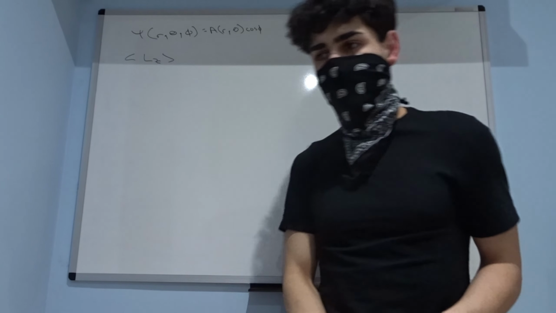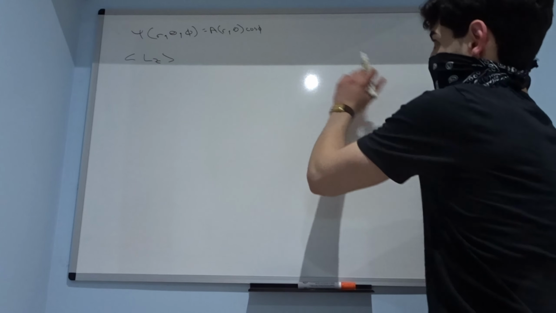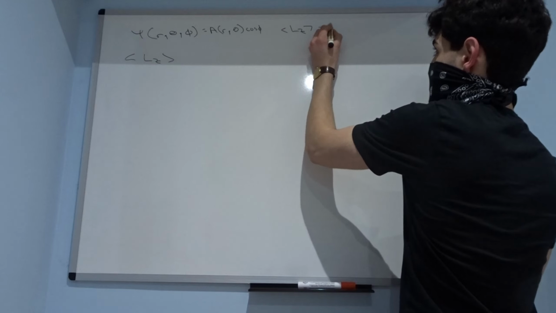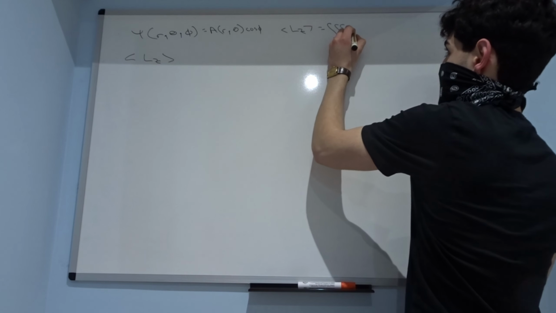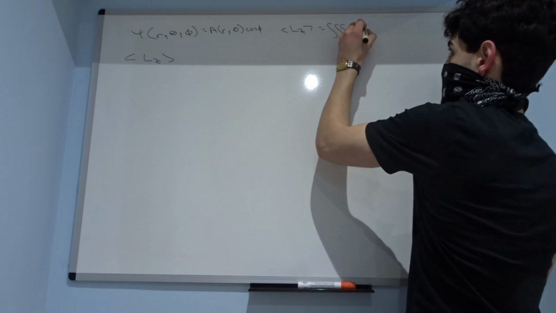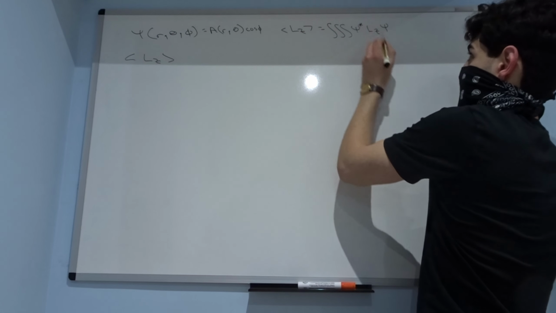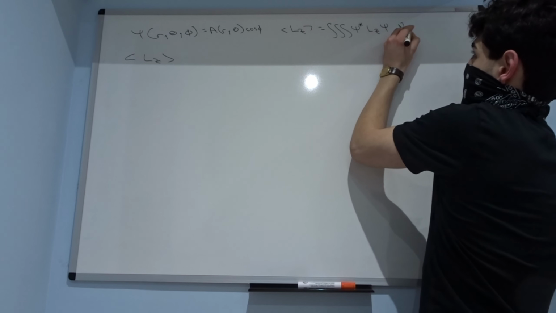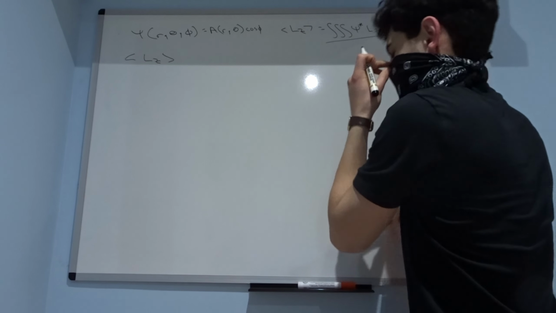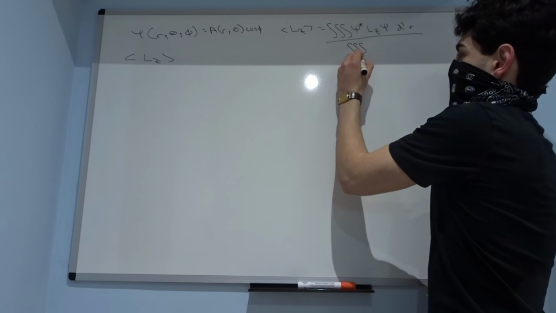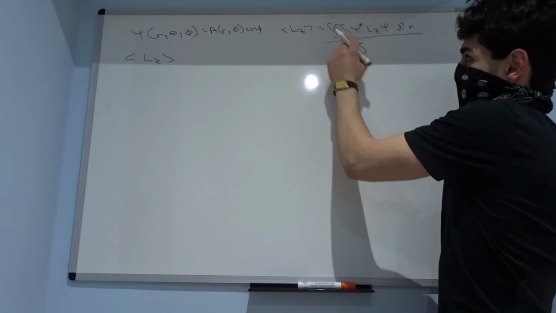So, we're given in a hint that the expectation value of Lz is equal to the triple integral of psi complex conjugate, Lz, psi, d cube r, all over this, which is just shorthand for all observable space.